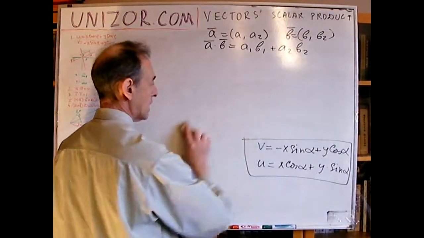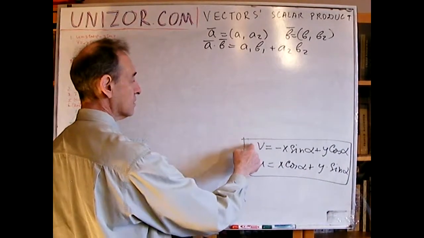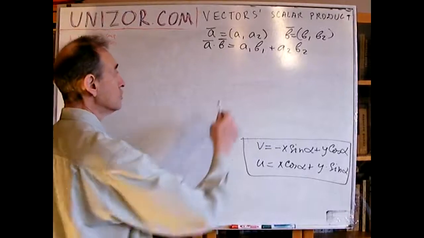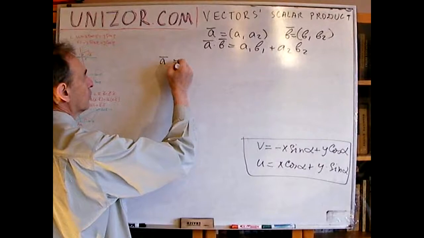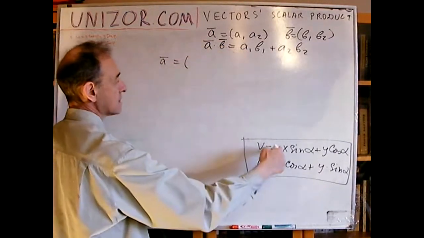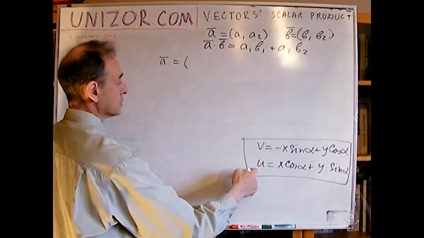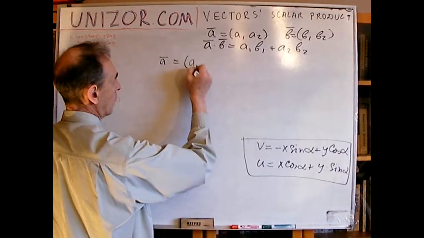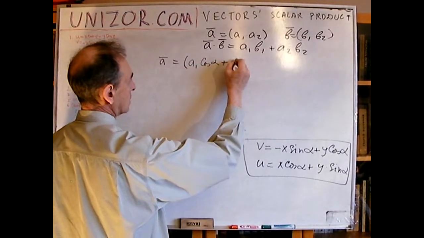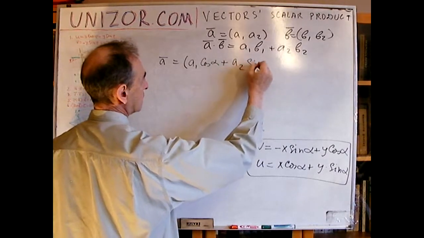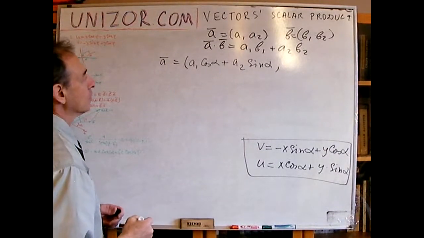So if I replace x coordinate and y coordinate with u coordinate and v coordinate, let's talk about the new coordinates of the vector A. Vector A would be, so A1 is x, A2 is y. So my new coordinate is A1 cosine alpha plus A2 sine alpha. That's my abscissa in the new coordinates.